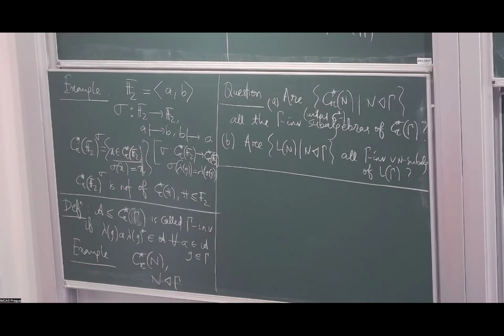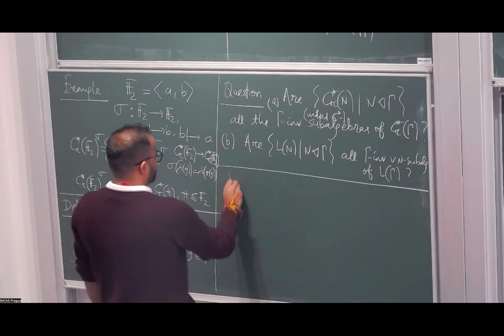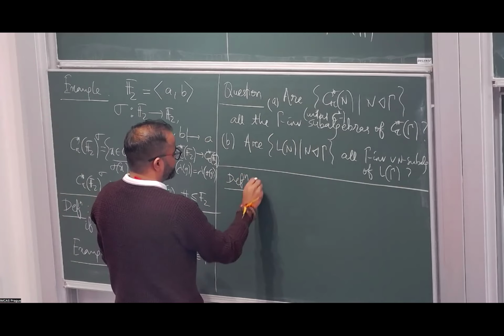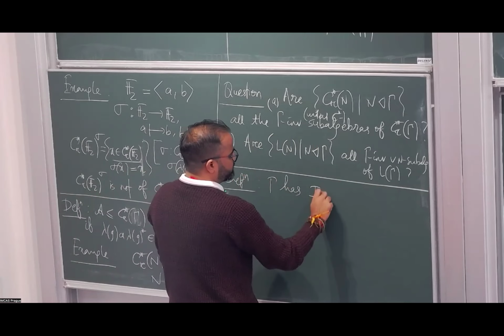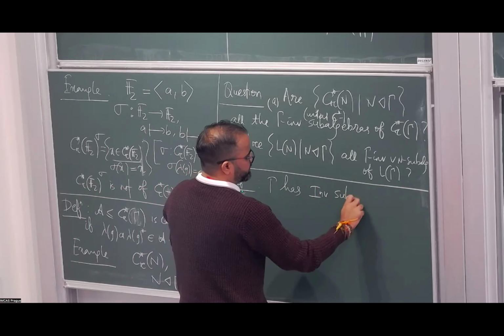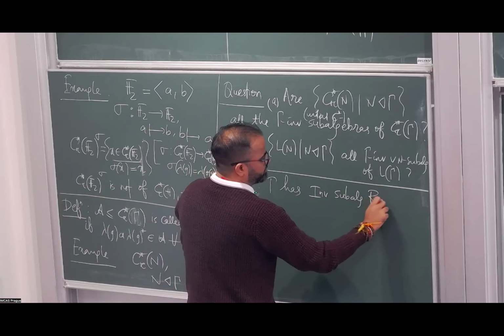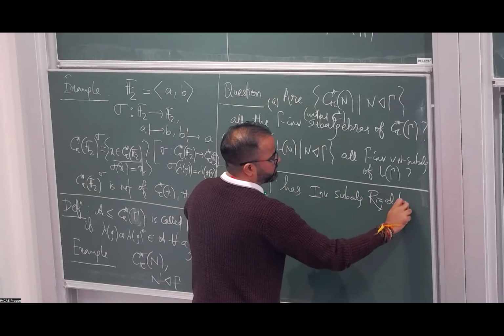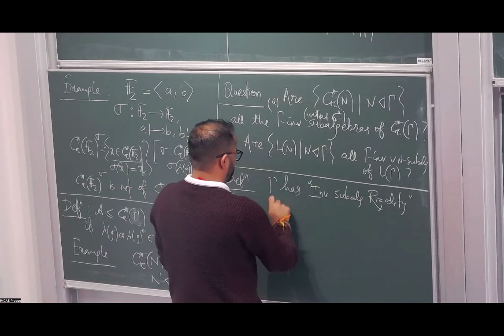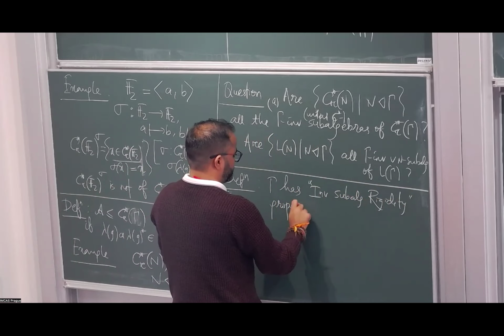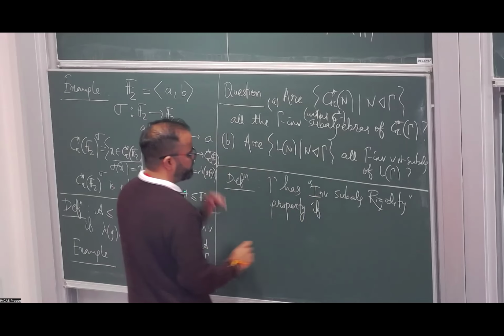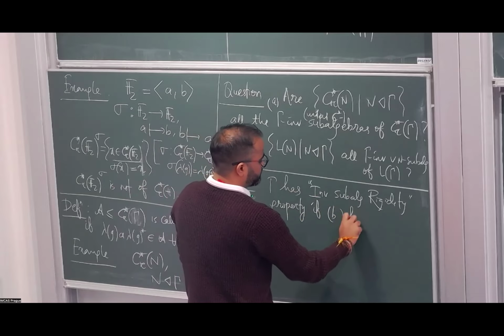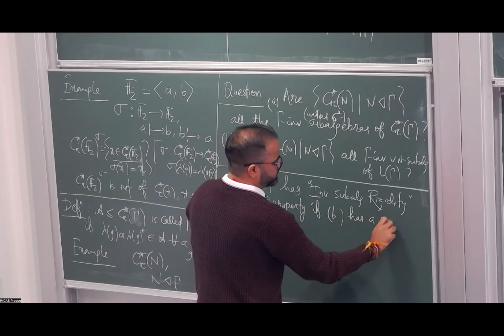Now, this is the invariant. So if this happens, maybe I make a definition just to connect it to my title. Gamma has the invariant subalgebra rigidity property if B has a positive answer.